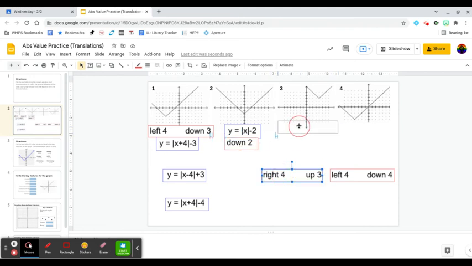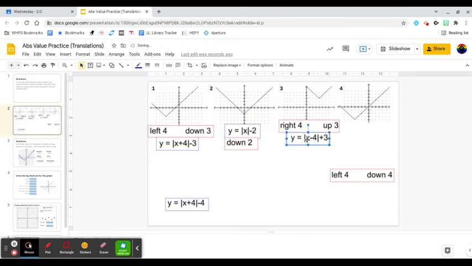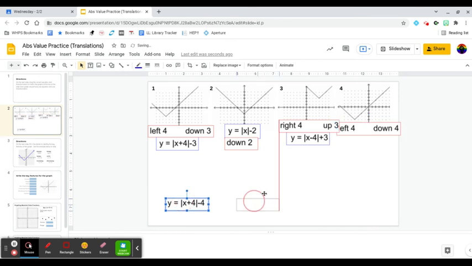So right 4, up 3 is this equation, because right 4 correlates to a -4 on the inside and up 3 correlates to a +3 on the outside. And this one went left 4, down 4. So our equation should be absolute value of x plus 4, minus 4. Plus 4 to go left, minus 4 to go down.